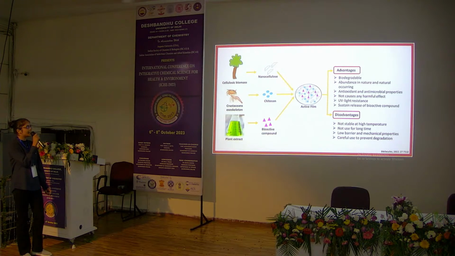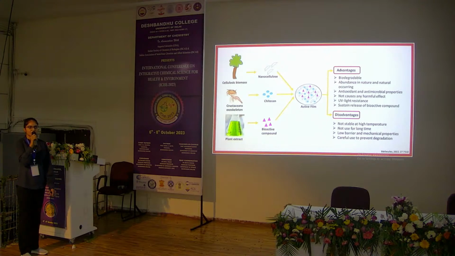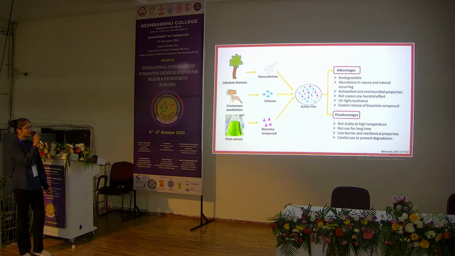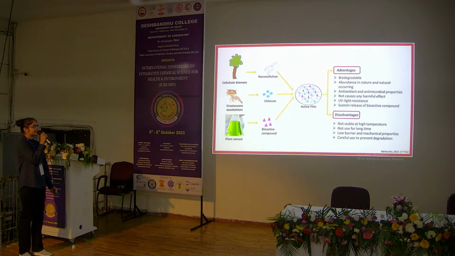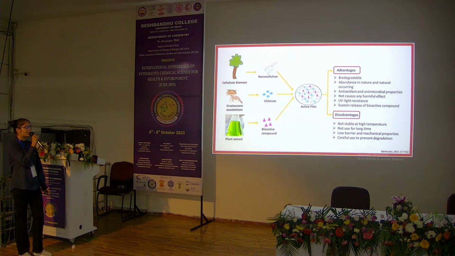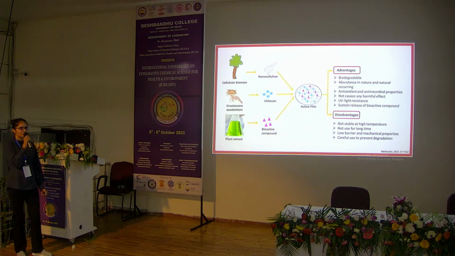That's why it easily interacts with chitosan, and bioactive compounds have antimicrobial and antioxidant properties, so the active film activity is enhanced by the synergistic effect, and it is biodegradable and does not cause any harmful effect on the environment. But it has some disadvantages, such as it is not stable at high temperature, it has low barrier and mechanical properties, and needs careful use to prevent degradation.